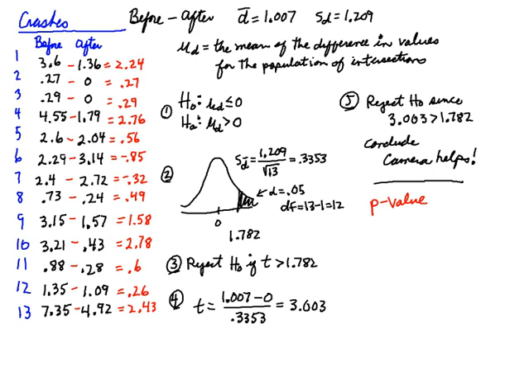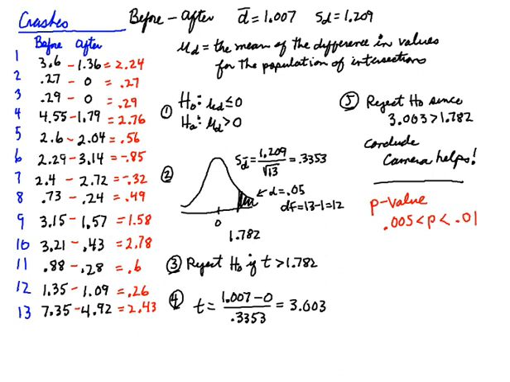So the range for my p-value has to be somewhere between 0.005 and 0.01.